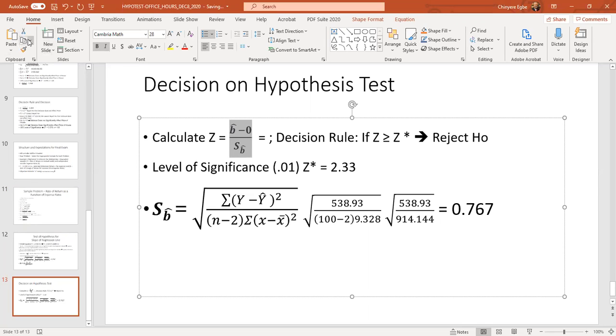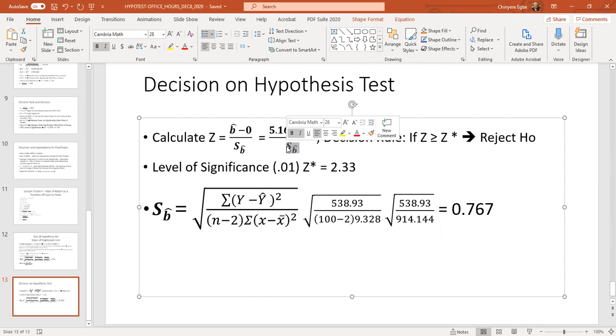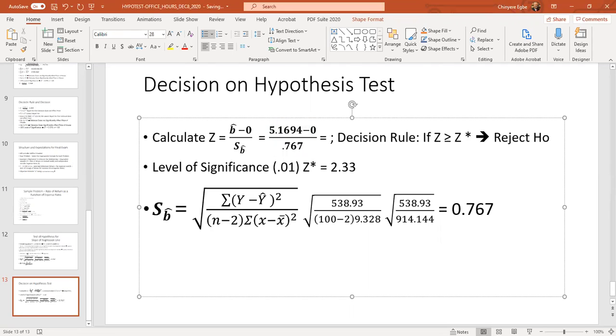So let's take that, 5.1694 minus 0 over the standard error of B hat, which is 0.767. And that gives us what? Okay, what does that calculation give us?